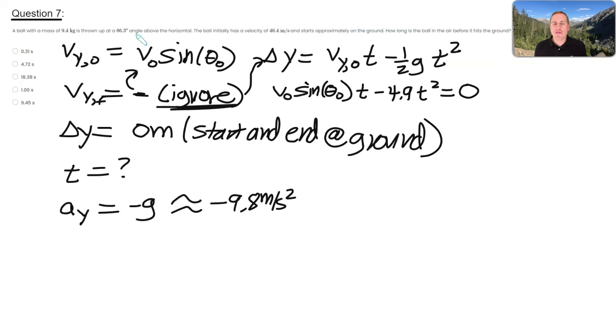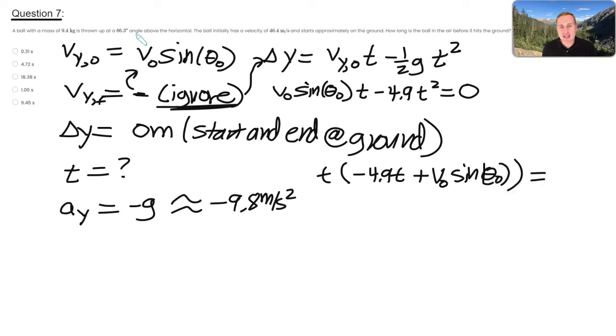Now, why do we want to factor out a t? So first of all, we can avoid using the quadratic formula. Secondly, we can clearly determine what time is the later time that it reaches the ground. In fact, if you factor out a t right here, you have negative 4.9 t plus V0 sine theta initial, close the parenthesis, equal to 0.